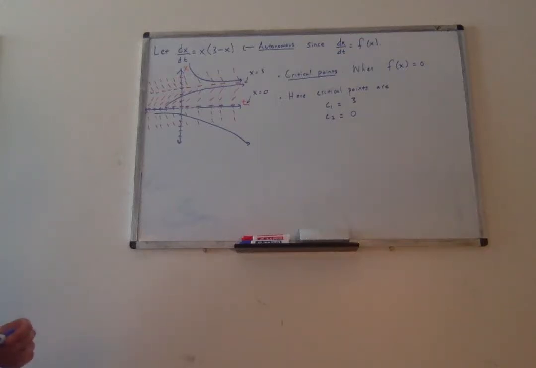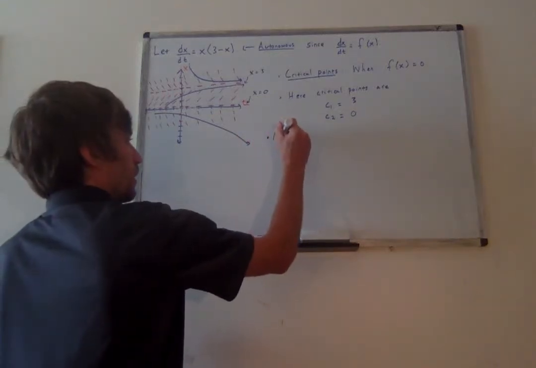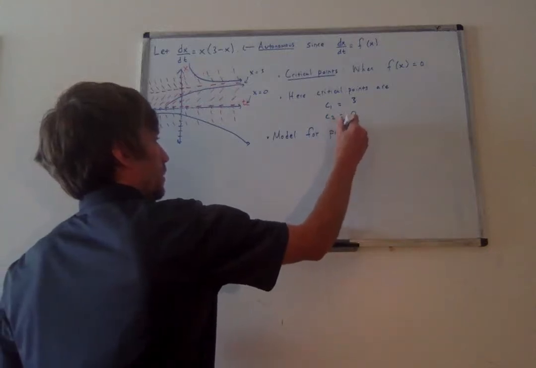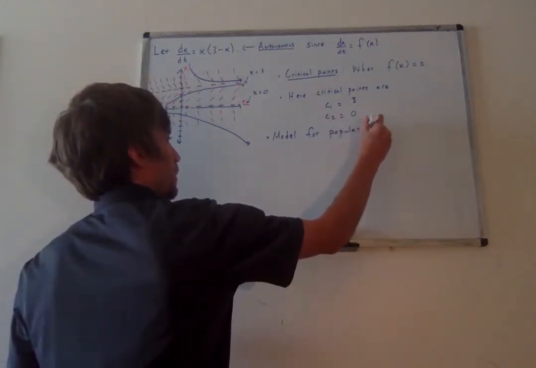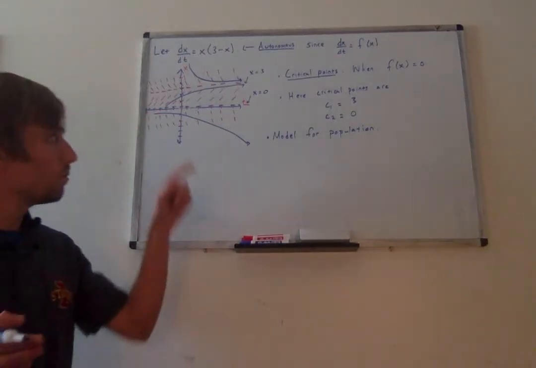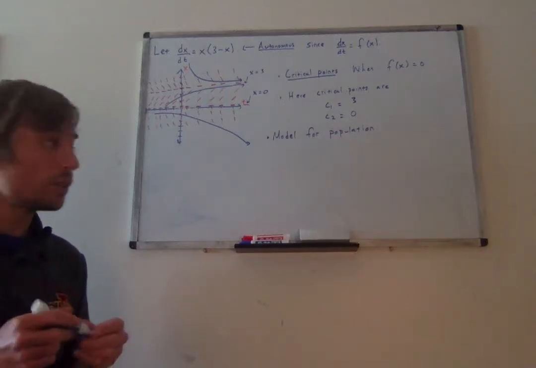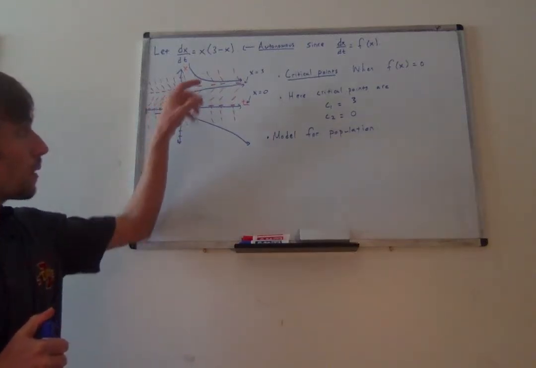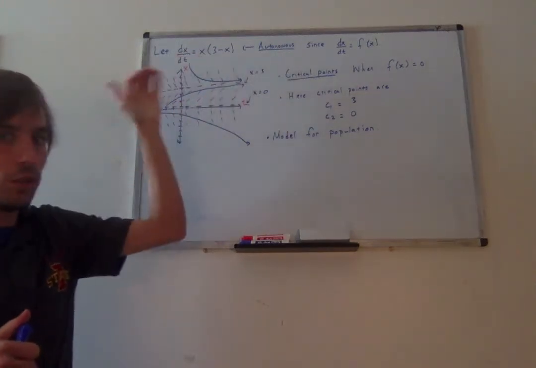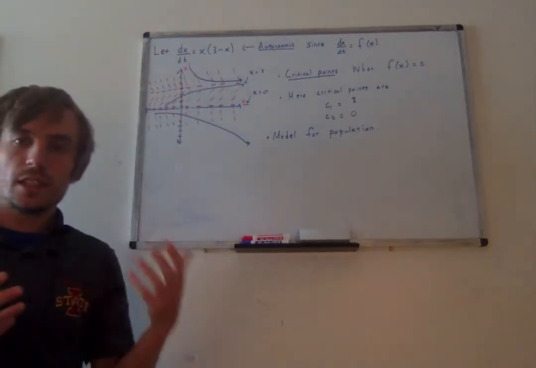And so you could see this as a good model for population, because if you imagine curves like this describing maybe a population in the wild, you could think of x equals 3, or a horizontal line somewhere in the positive region, as representing the carrying capacity.